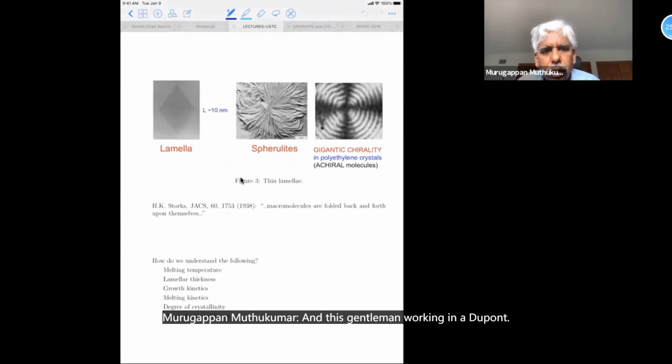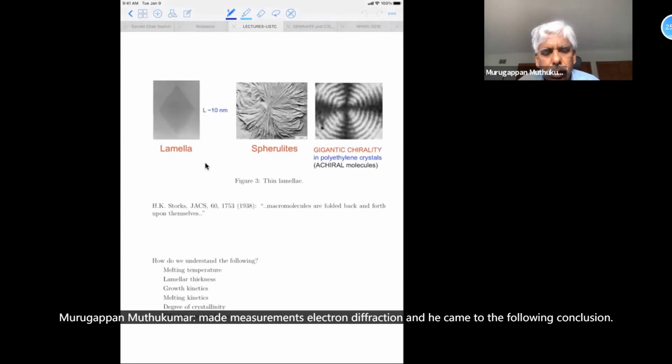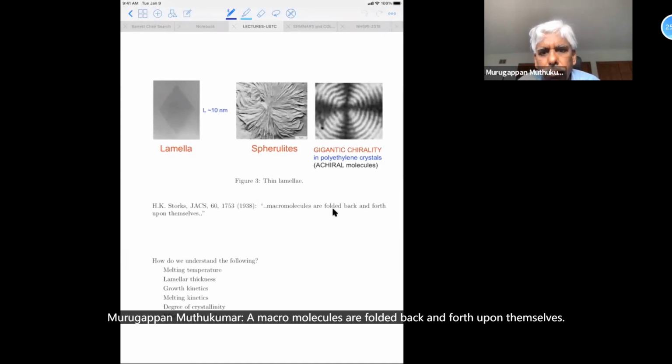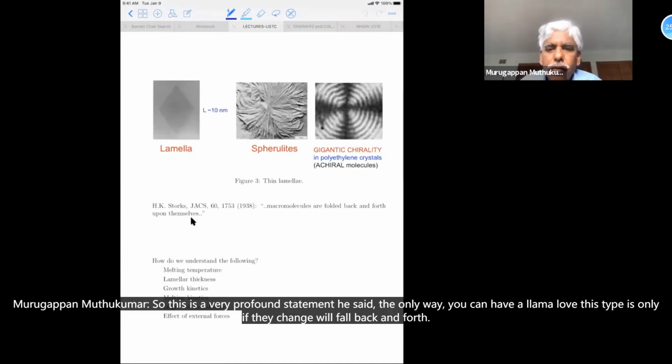And this gentleman working at DuPont made electron diffraction measurements, and he came to the following conclusion: the macromolecules are folded back and forth upon themselves. So this is a very profound statement. He said the only way you can have a lamella of this type is if the chains fold back and forth.